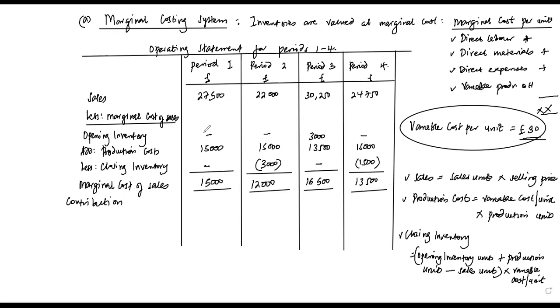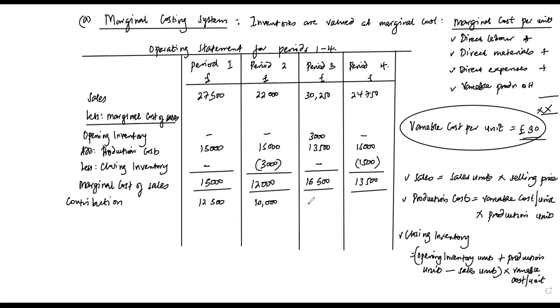So we get 27,500 minus 15,000. That gives us 12,500. Try to subtract and see that I have 12,500. Period 2, 22,000 minus 12,000. This is 10,000. Then period 3, 30,250 minus 16,500.